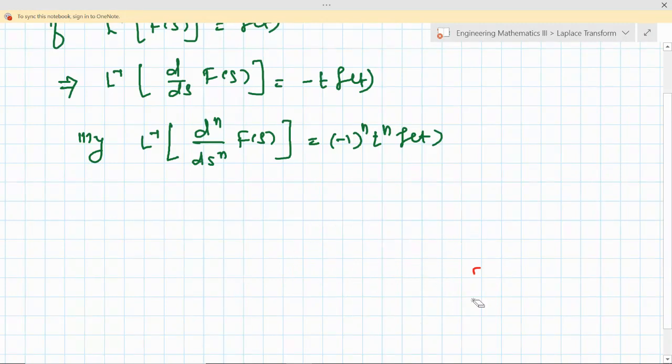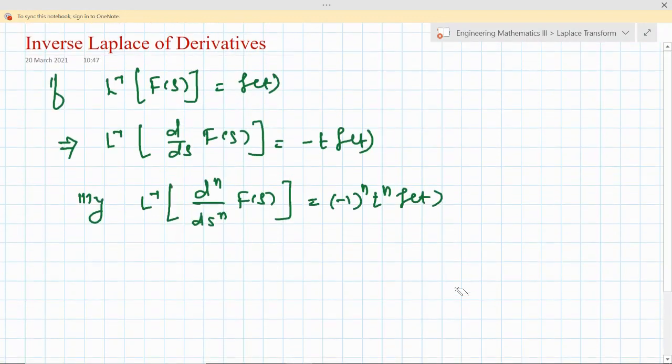So whatever the Laplace of multiplication by power of t, here it is the inverse Laplace of a derivative. Okay, so just an interchange of the property. So what is the example to understand this?